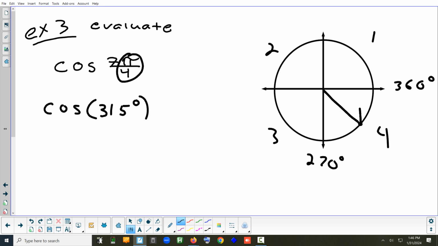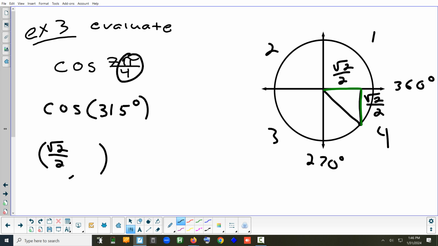And anytime we've got something right in the middle, that's always which triangle? 45, 45, 90. Yep, it's going to be the 45, 45, 90. So both sides are root 2 over 2, because it's a 45. And what's going to be my coordinate? Square root 2 over 2, negative square root 2 over 2.